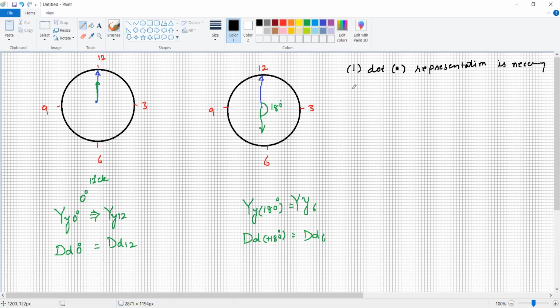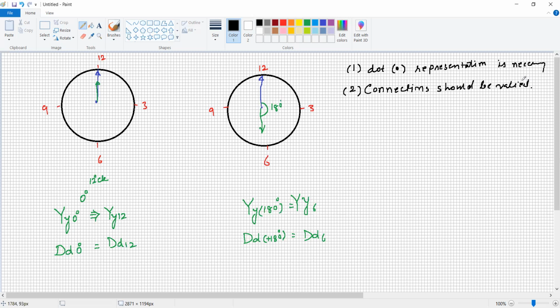The second important point is that the connections should be valid. Valid connection means that when you are connecting the transformer winding in star, the voltage should be 120 degree apart.